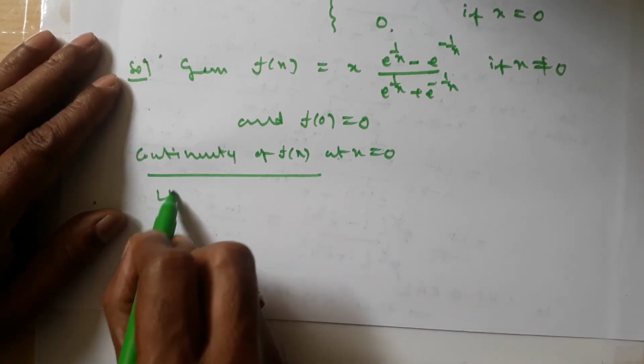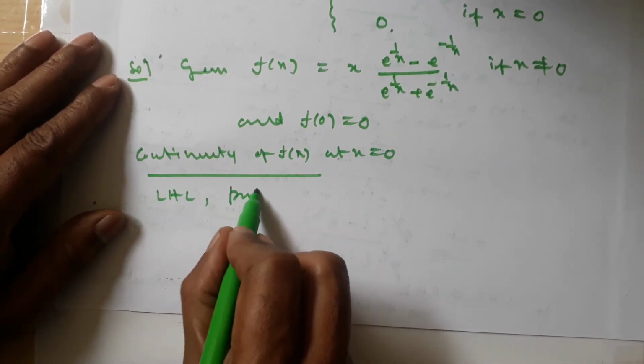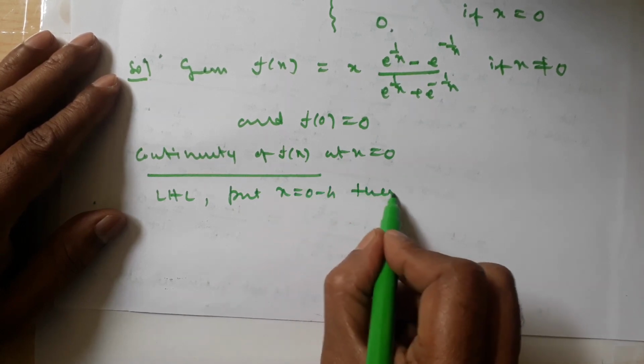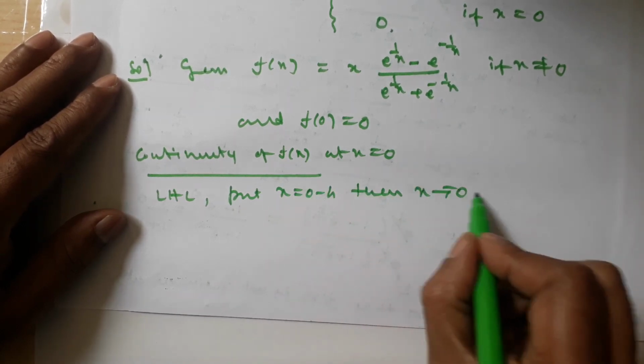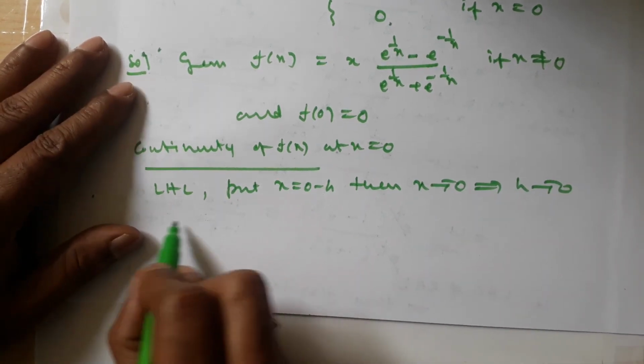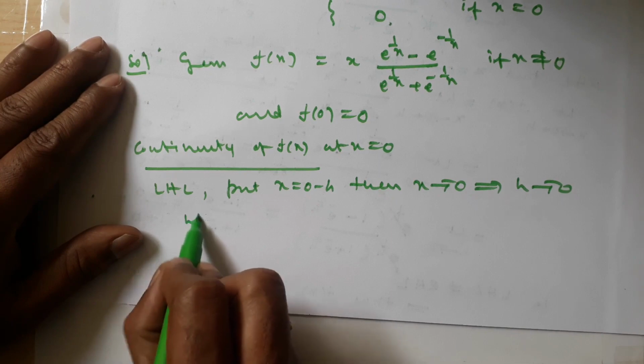So let us see the LHL. Put x is equal to 0 minus h, then x tends to 0 implies h tends to 0. So apply the LHL now for the function.